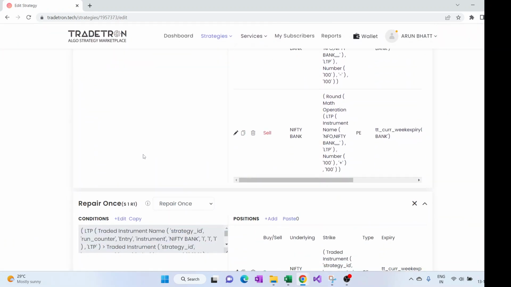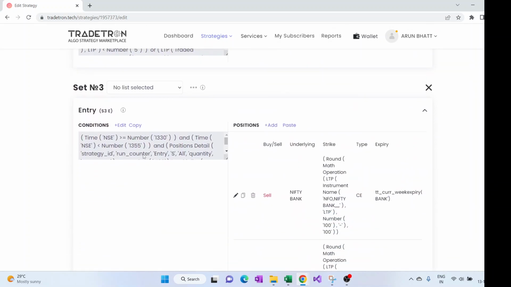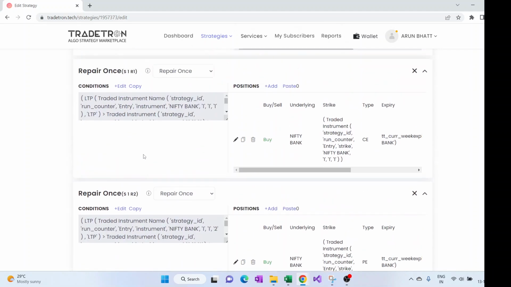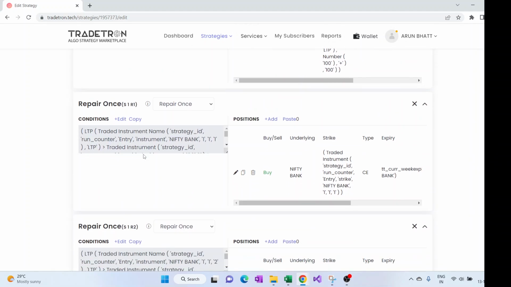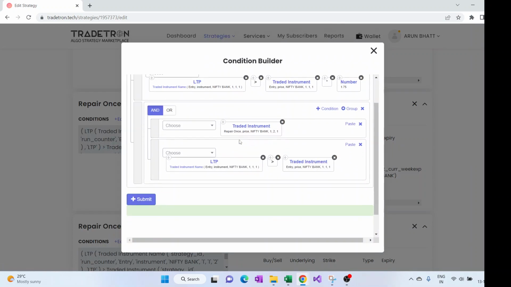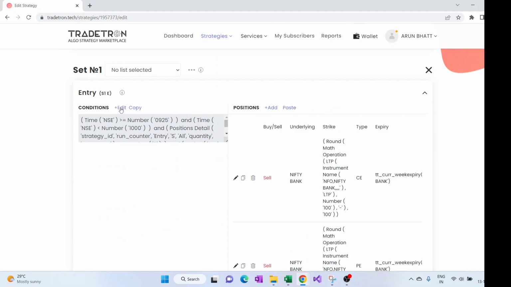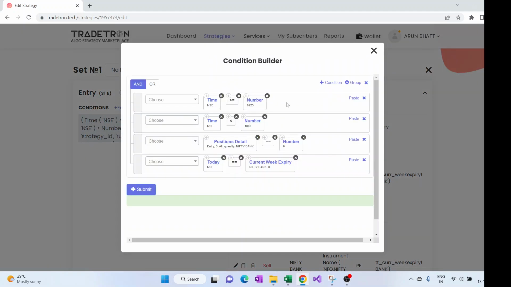Set 1, 2 and 3 are taking trades in Bank Nifty. Set 1 is for 9:25. So time is greater than or equal to 9:25, and the position details equal to 0 is so that this set will not be executed again, and this will always be the first set.